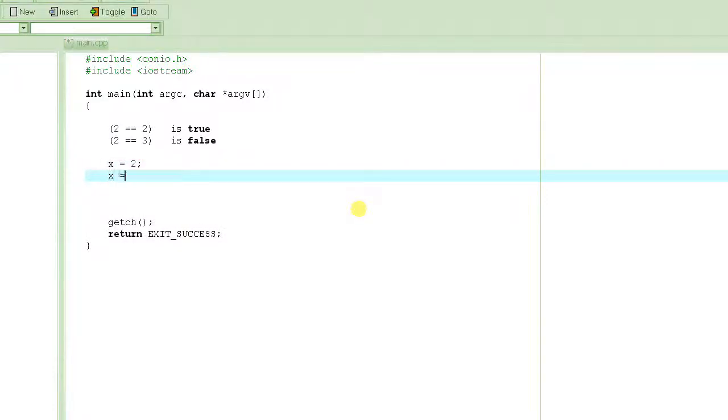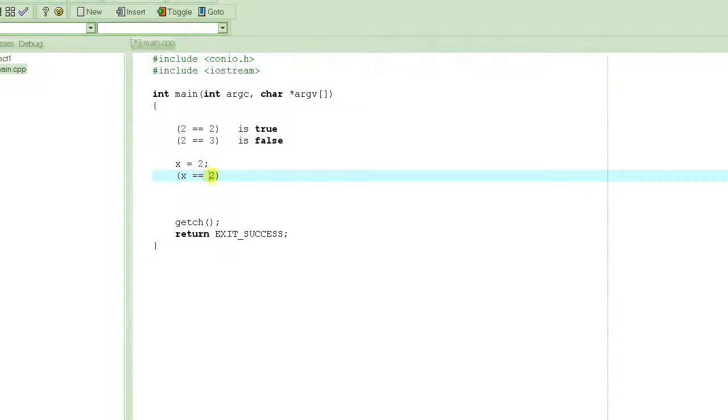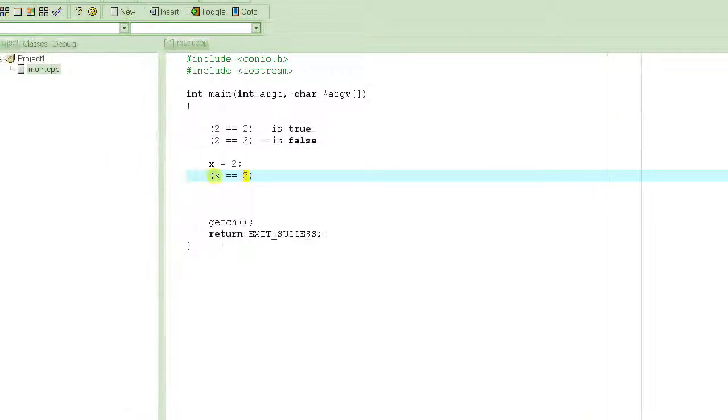If you write x is equal to 2, with two equal signs, then that makes it a condition. It doesn't say assign 2 to x. What it says is, let's see if the value of x is the same as the value here, which is 2. So in other words, is the value of x equal to 2 or not? And would it be true or false?